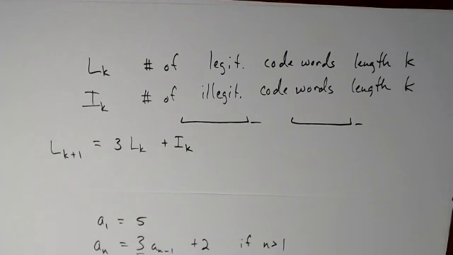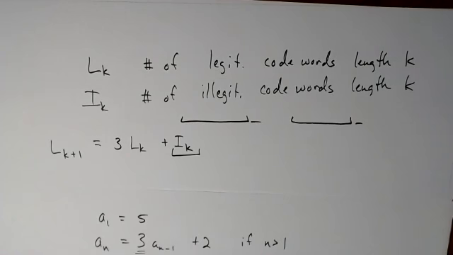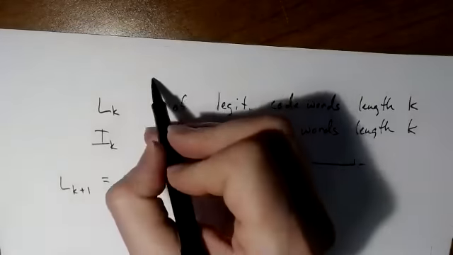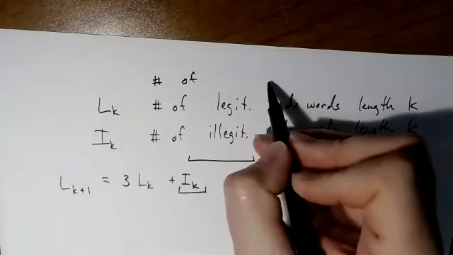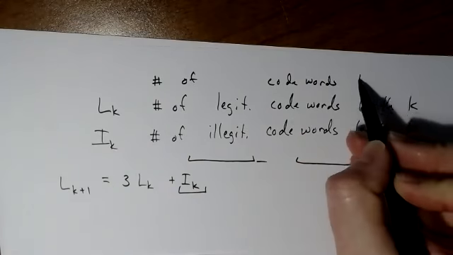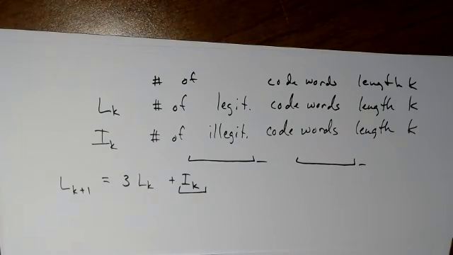So the main issue is, what do I do with this? Because we don't want to have 2 sequences in our recurrence. But I left some room at the top of the page. What's the number of code words of length k, period?